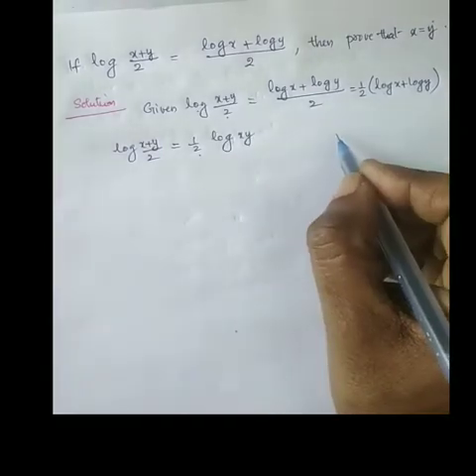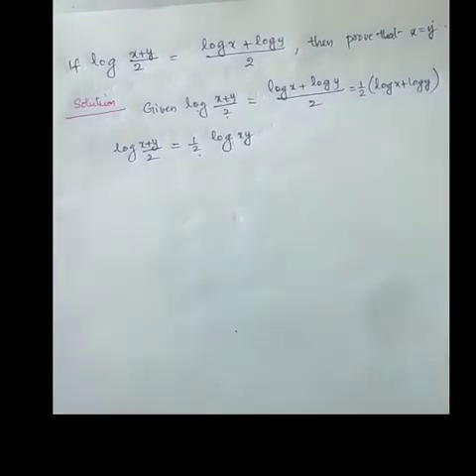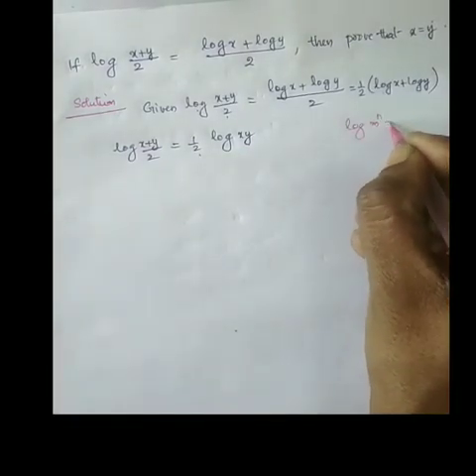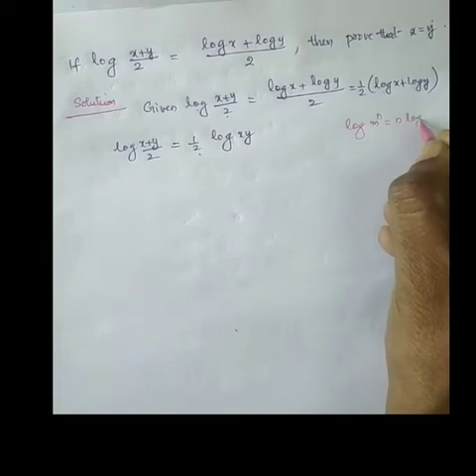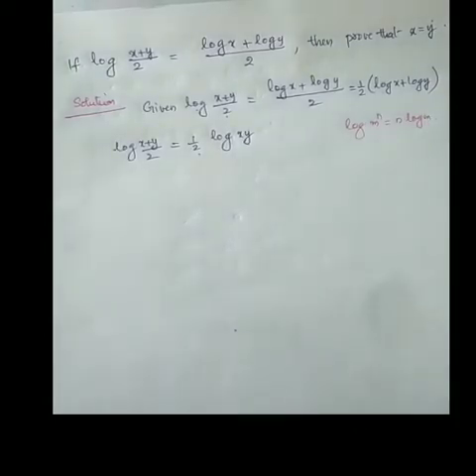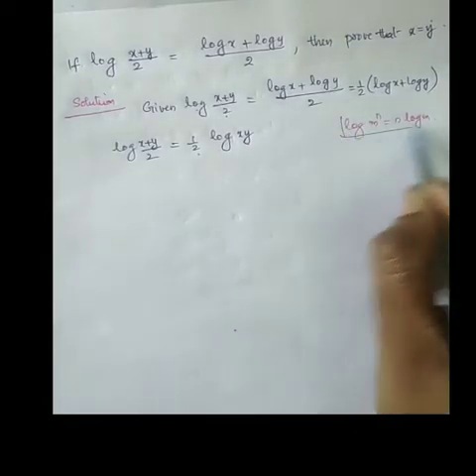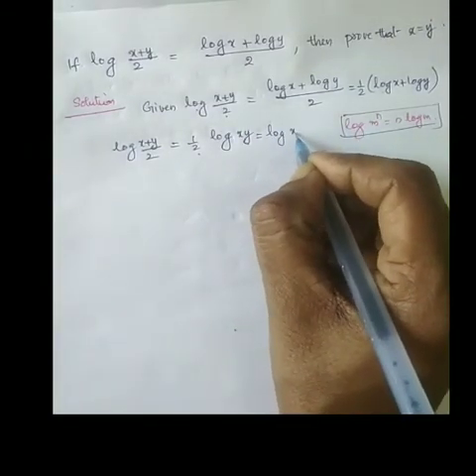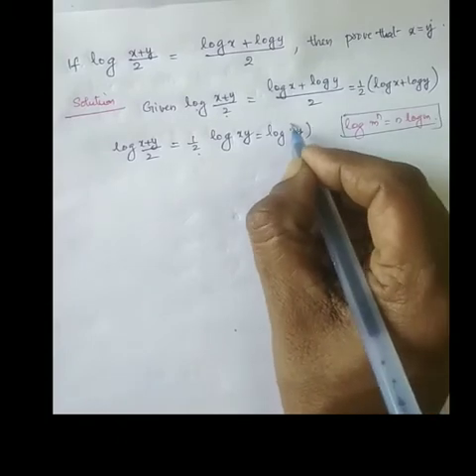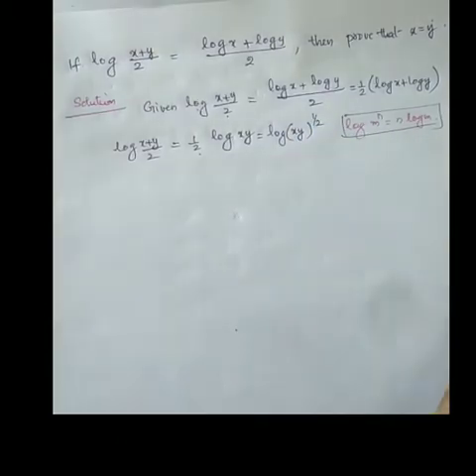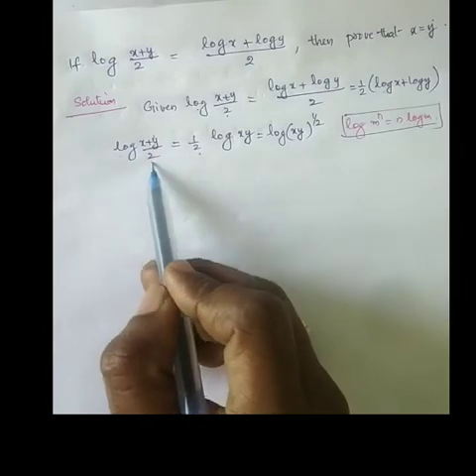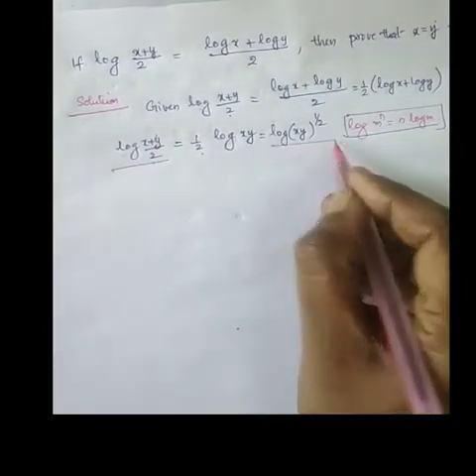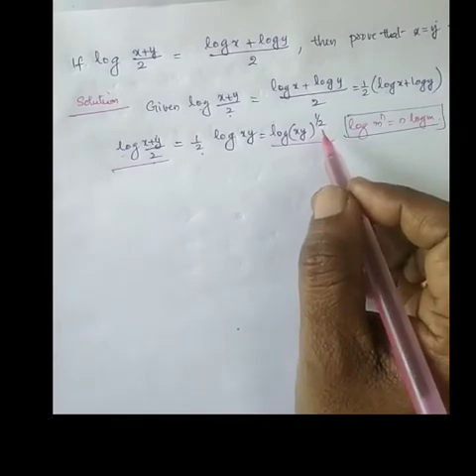And we know that log m raised to n is equal to n log m. So, using this formula, we can write this as log of xy raised to 1 by 2. See, log of (x plus y) by 2 is equal to log of xy the whole raised to 1 by 2.